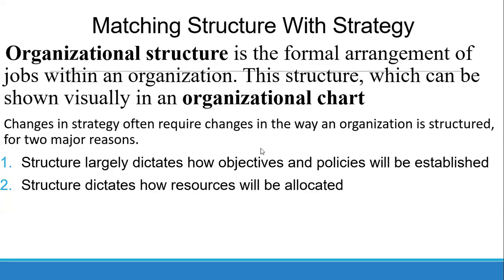Or which one should come first? Is it the organizational structure that should be adapted to fit the strategy we are implementing, or is it the strategy we are going to implement which should inform the engineering of the organizational structure? How do you marry the two?